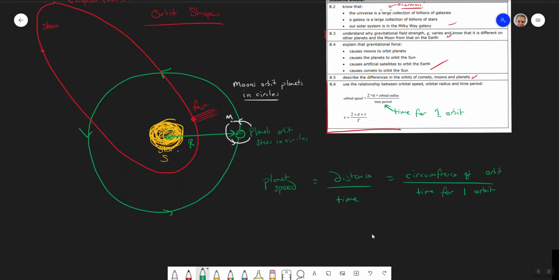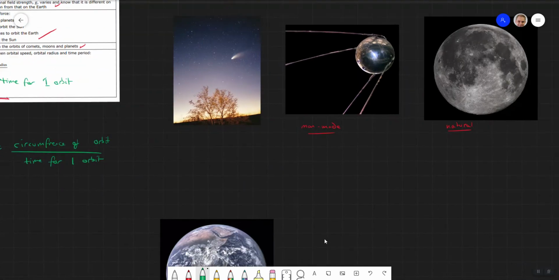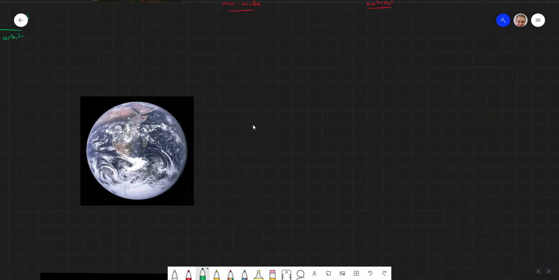So let's do a little bit of an example, and let's do the speed of the Earth. I'm going to do 2 little quick examples using a couple of real things. So let's work out the speed of the Earth. We need to know a few things.